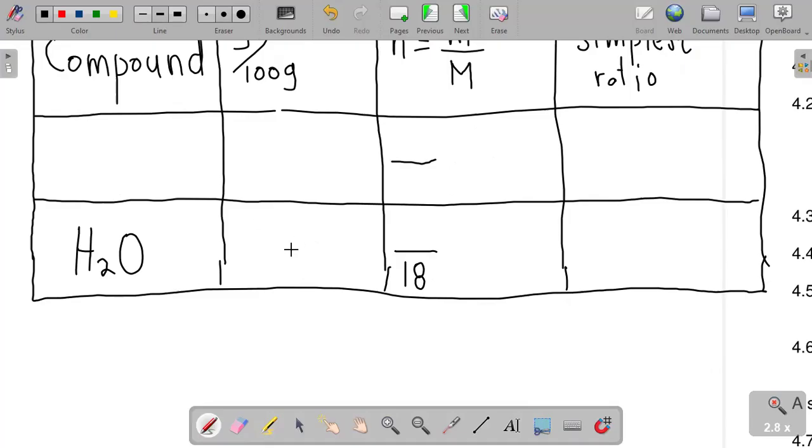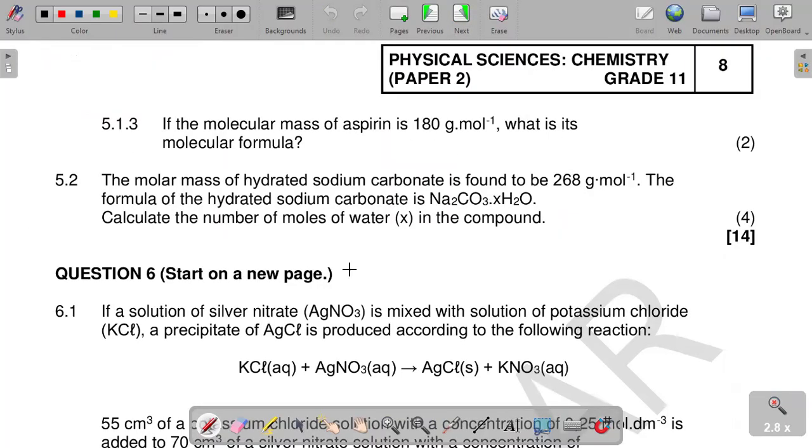So for our question here, the other compound that we have here is sodium carbonate, isn't it? That's what they said. So sodium carbonate X. So what we're required to do here is to find X, isn't it?